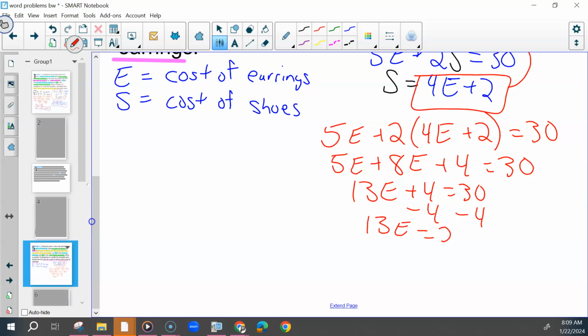What is the cost of earrings? And what's the unit? Measure of units. Here, we're looking for cost. Dollars.